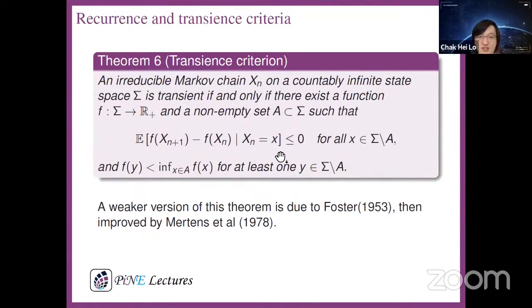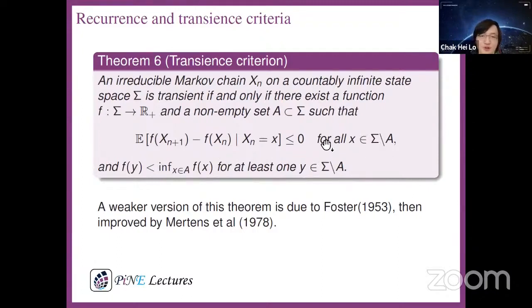Okay, so this condition is exactly the same as the one that we have for the recurrence side, but this condition is different. So what we need here is f(y) less than the infimum of f(x) over all x in A, for at least one y outside of this set.